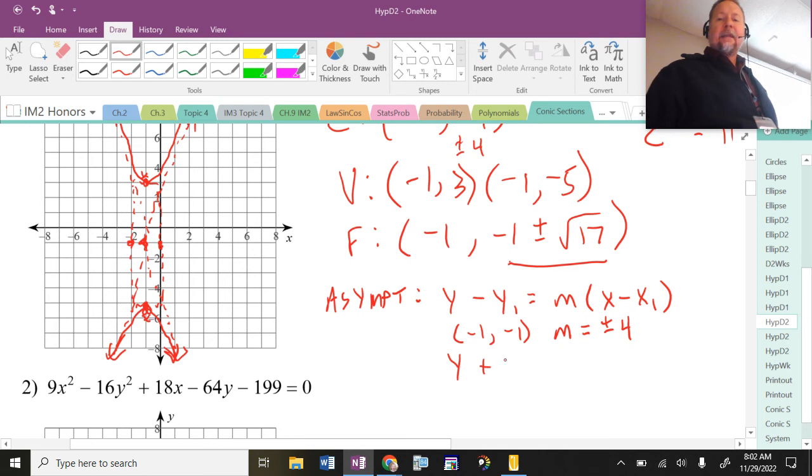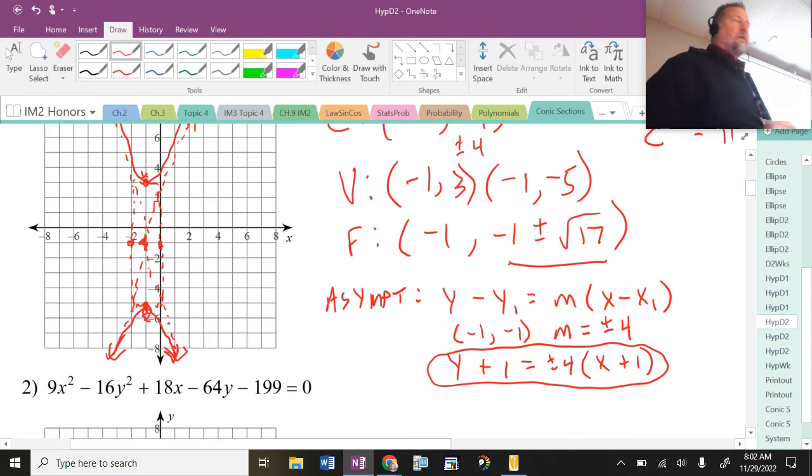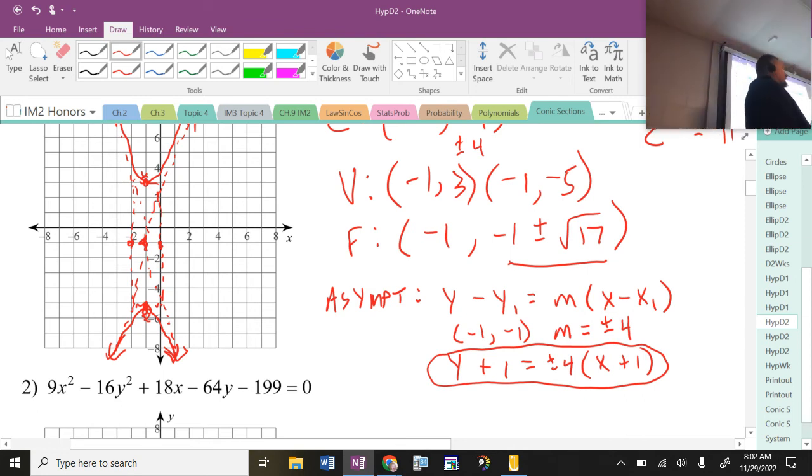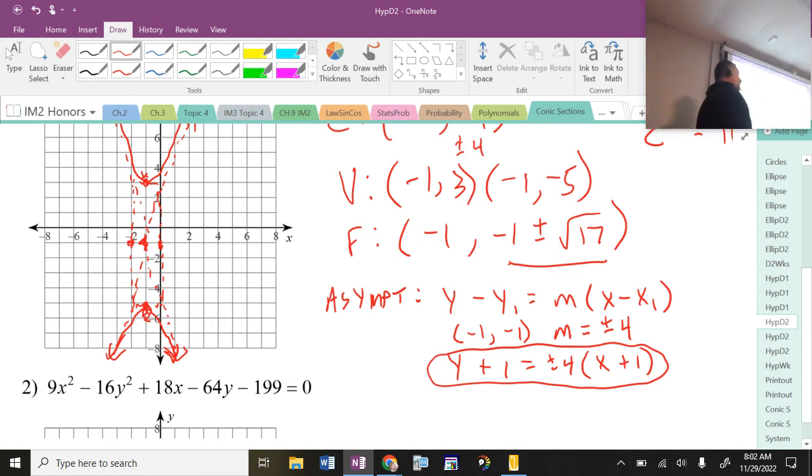Y minus -1 equals plus minus 4, x minus -1, and you can leave this in this form. So I want you to practice and understand point slope form, because it is something you should know and should have in the back of your pocket, like knowing for sure. And then, using it, I'll leave you a little bit less to write after that.